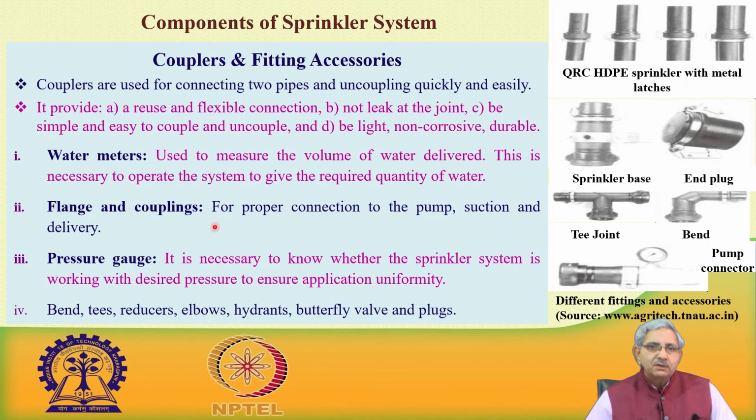The pressure gauge is another important component to monitor the pressure: at what pressure the pump is operating, at what pressure water is flowing in the main pipeline and sub main pipeline, and at what pressure the sprinkler is ejecting the discharge.